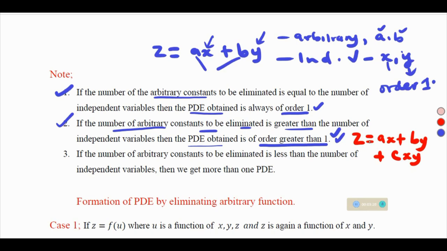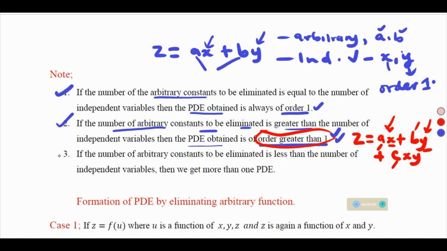From this given expression, we note that we have only two independent variables, x and y, but we have three arbitrary constants, a, b, and c. When you eliminate such arbitrary constants, you will get a partial differential equation of order greater than 1.